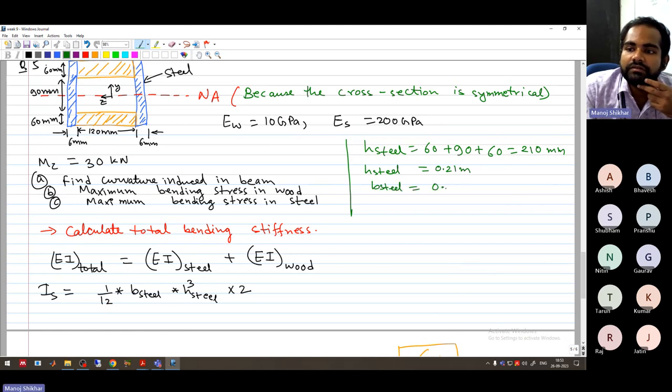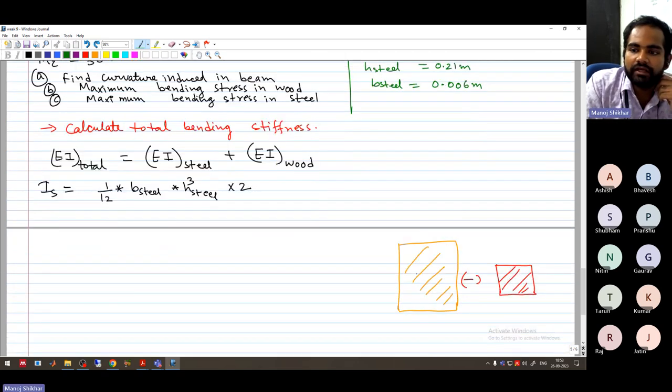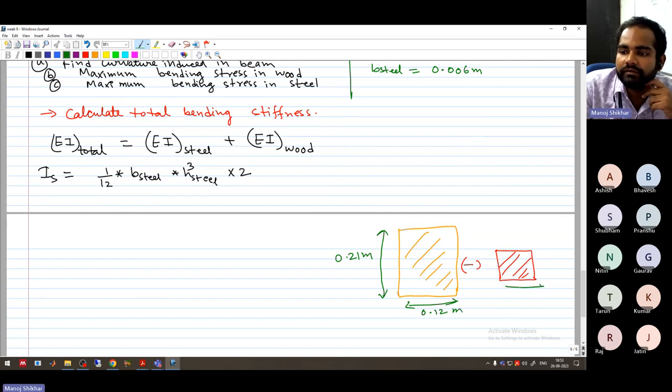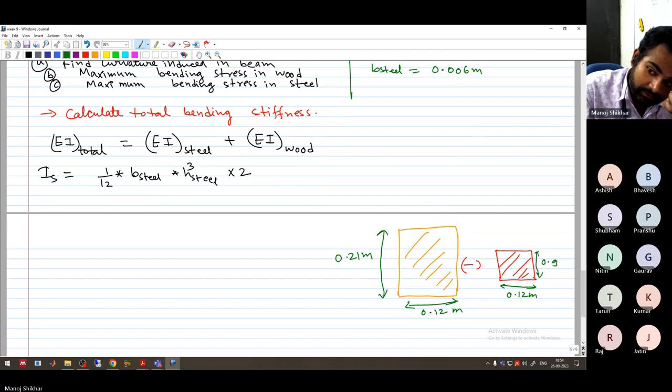This is 0.006 meters. Similarly, the total height of this block is 0.21 meter. The breadth is 0.12 meter. It is given. Here the breadth will be 0.12 meter. And the height is 0.9 meter.